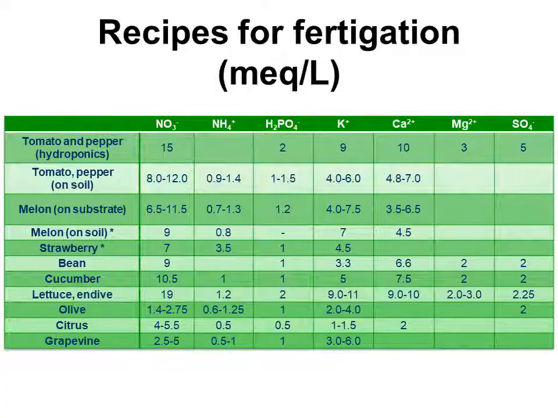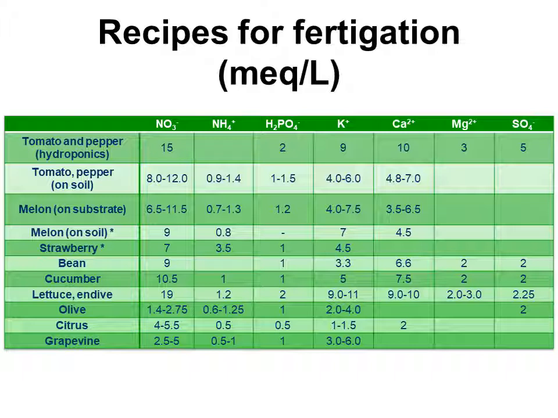In some cases, due to specific research, recipes have been developed for fertigation of different crops, like shown in this table, where the concentrations in milliequivalents per liter of different ions are shown.